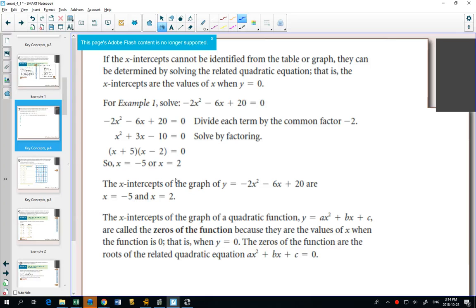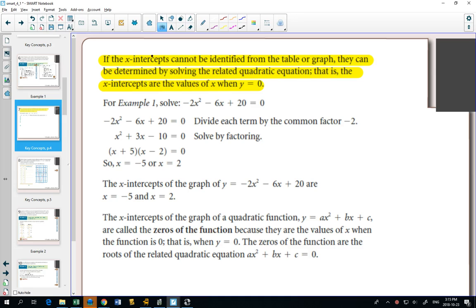On page 253, if you take out your highlighter, and highlight this at the beginning. So if you are trying to find your x-intercepts, underline the word x-intercepts, and above it, write this, because this is true all the time.